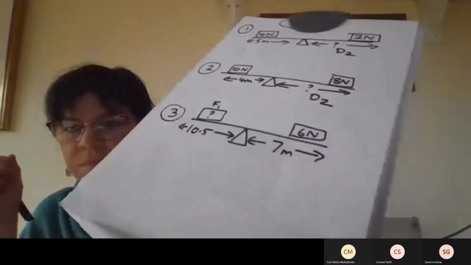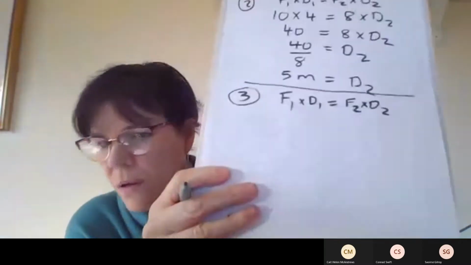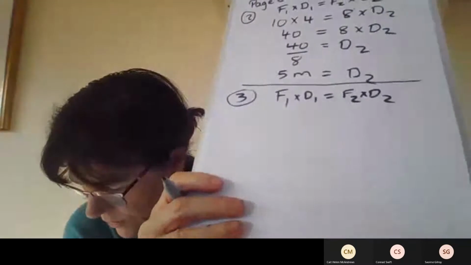Okay, so you're writing F1 D1 equals F2 D2. And then substitute in your values for 3.